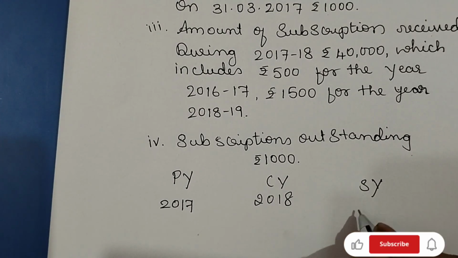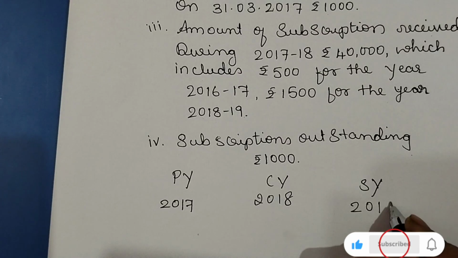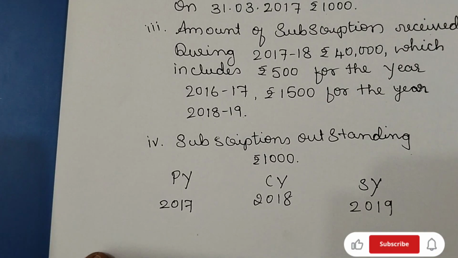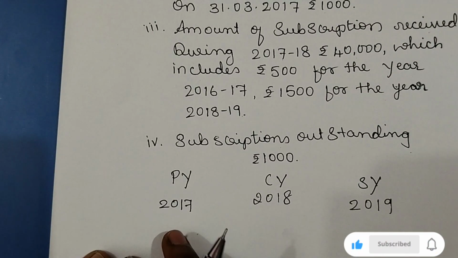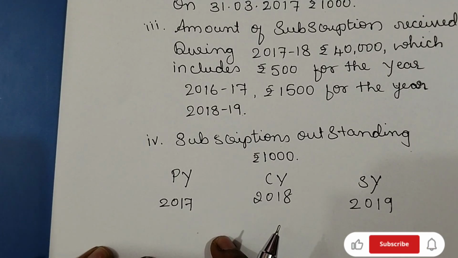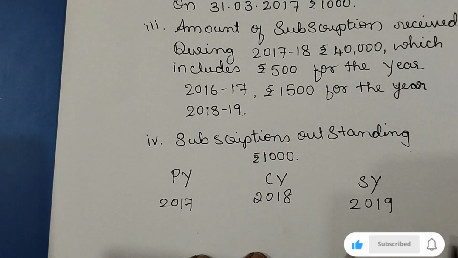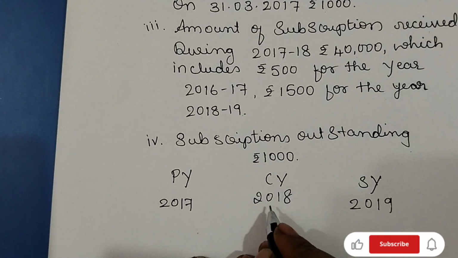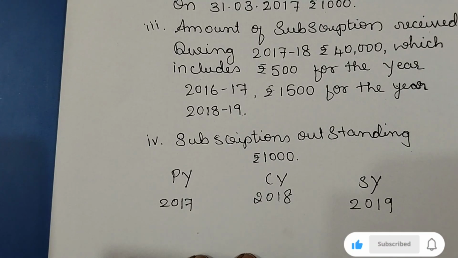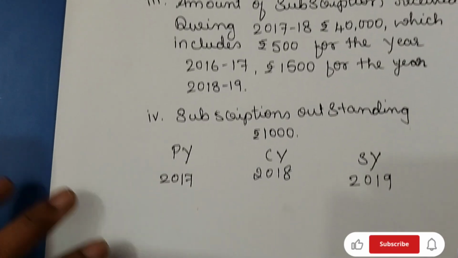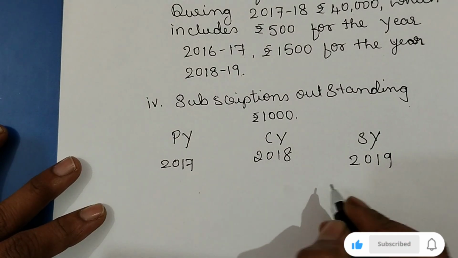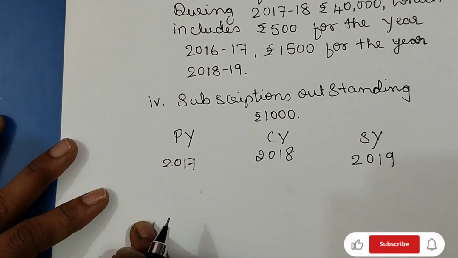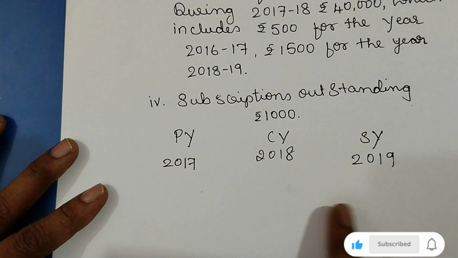It is 2019. Now, whatever I have not received in the previous year, this will be outstanding. And whatever I am yet to receive in 19, but received in 18, is called received in advance, right? In advance.